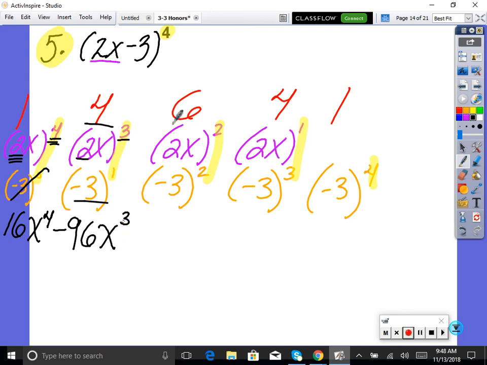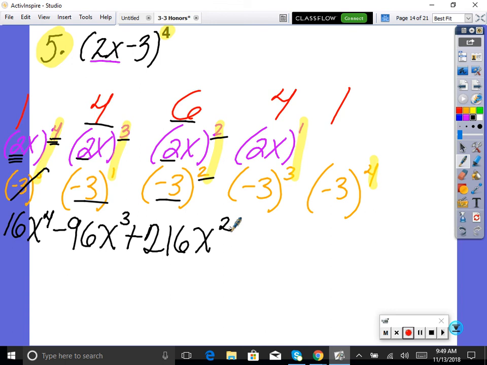Now we have 6 times 2 squared times negative 3 squared. So that's 6 times 4 times 9, so plus 216x squared. Then right here, it's bouncing between positive and negative. The next one should be negative.